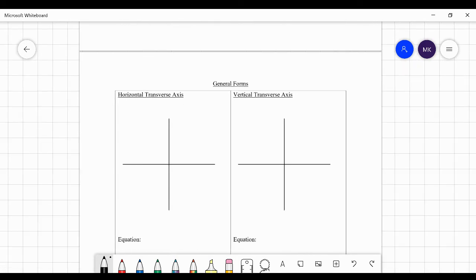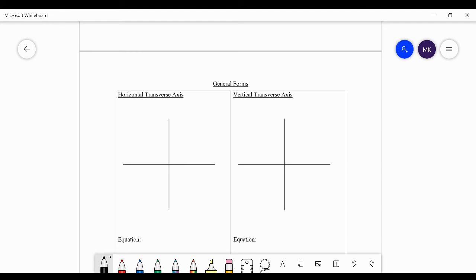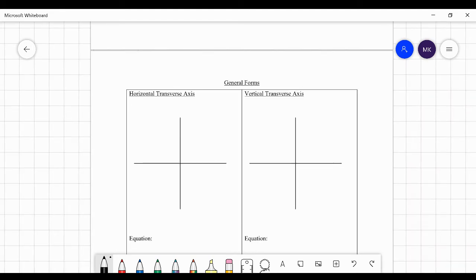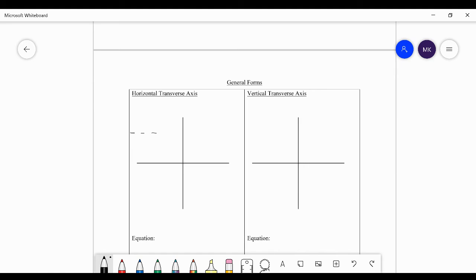However, if they're not centered at the origin, our transverse axes may be other places. So in our example here, for our horizontal transverse axis, we're going to have it be right here. So this point here is going to be h minus c comma k.